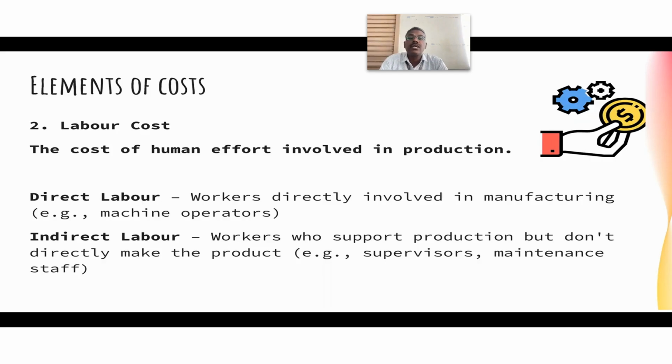The second one is indirect labor, the labor which indirectly contributes to producing this pen. For example, supervisor, machine maintenance staff, manager, and all the transport drivers. We have to pay salaries for them. So these we can call indirect labor, which indirectly contributes to manufacturing this pen.